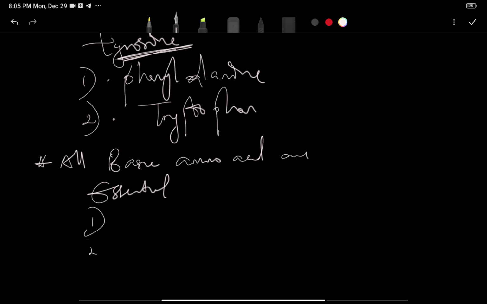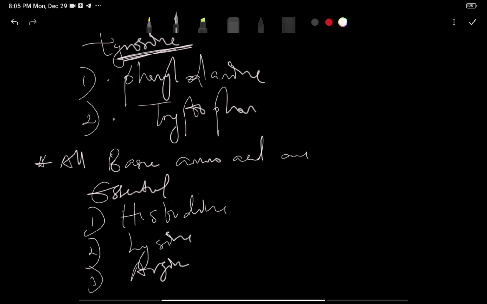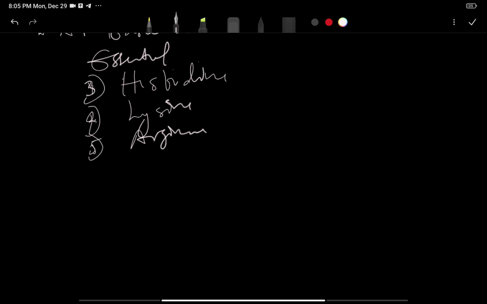I told you last time, remember, as East lost apples. East for histidine, lost for lysine, apples for arginine. So this will be the third one, third, fourth, fifth. So remaining 5.